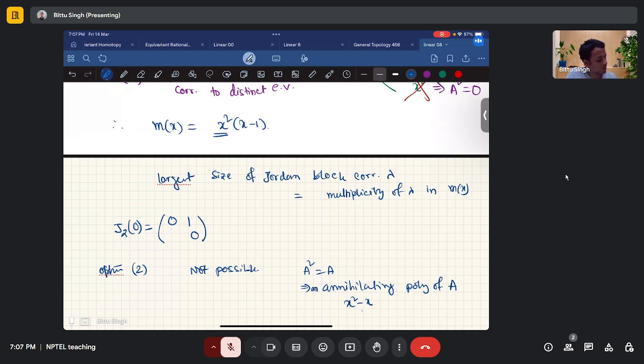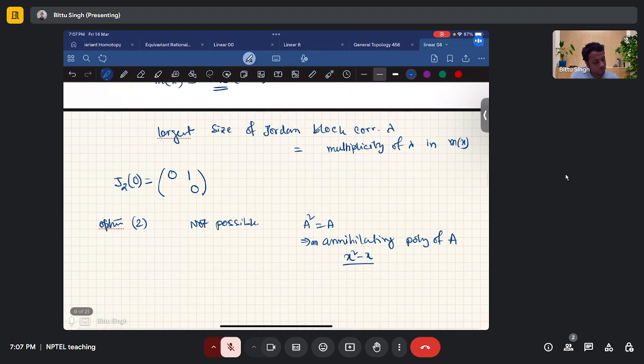But then the degree of this annihilating polynomial is less than the degree of the minimal polynomial mx, which is a contradiction, because the minimal polynomial is the smallest degree annihilating polynomial.